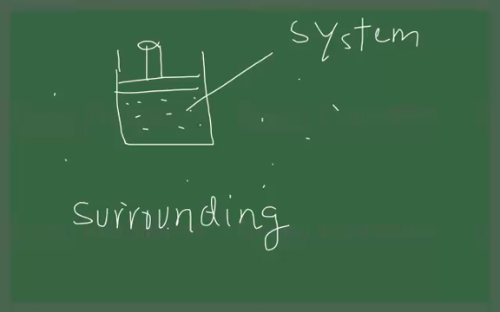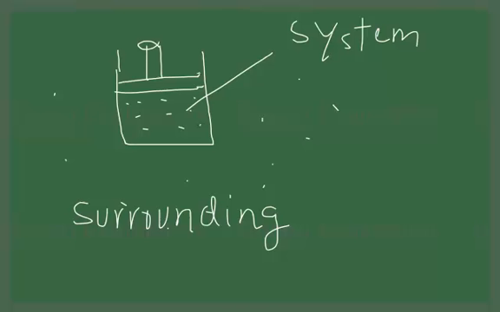So let's see what types of interaction we can have between system and surrounding. So interaction means how system can affect surrounding in thermodynamic perspective, and how surrounding can affect a system when we study thermodynamics of a system.